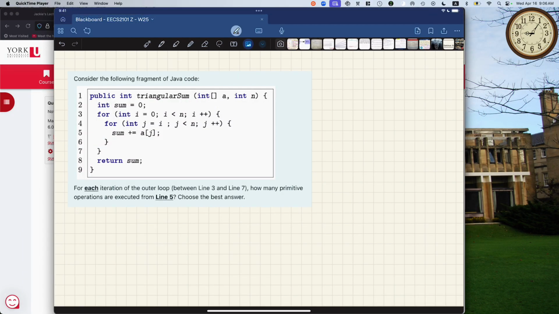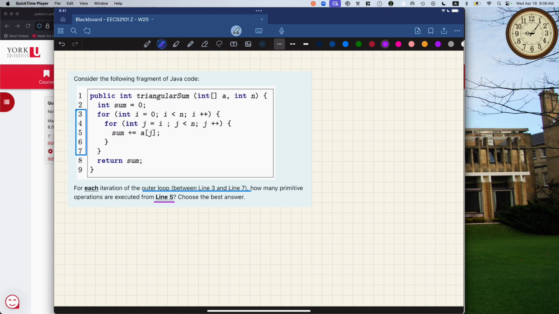All right, so for this one here, if you look at the question itself, we say that for each iteration of the outer loop, so between line number 3 and 7, so here, basically we talk about this being the outer loop. We're talking about this one here. And then how many primitive operations are executed from line number 5 over here?